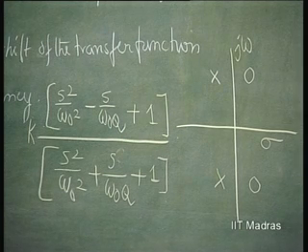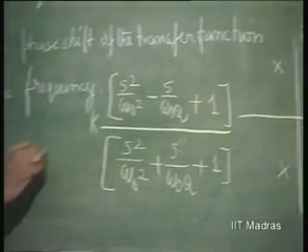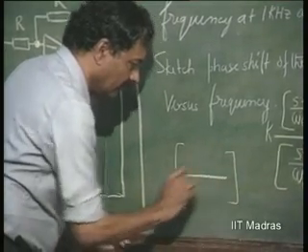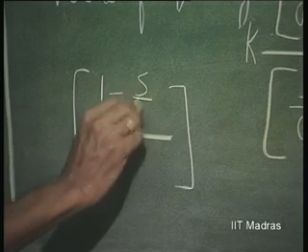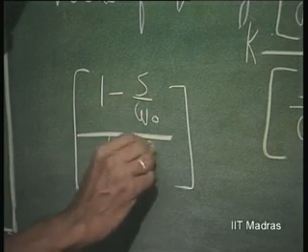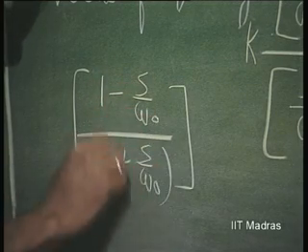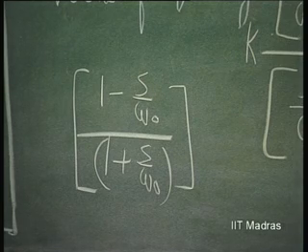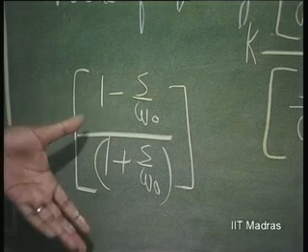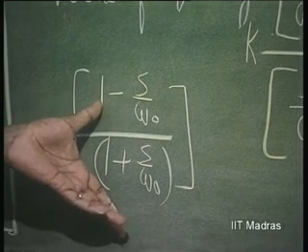If it is a first order all pass, just for comparison, okay, this will give you a coverage from 0 to minus 180 degrees.